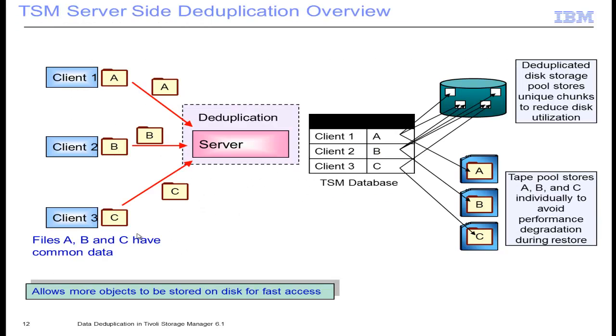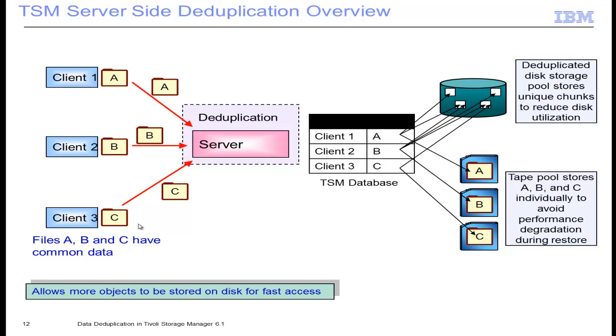Here's a basic overview of the deduplication process. You see we have the client 1, 2, and 3. These TSM clients are backing up various files to the TSM server. It's backing up to a specific dedupe storage pool which has device class of file and which has deduplication turned on.